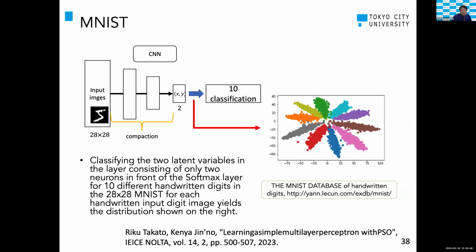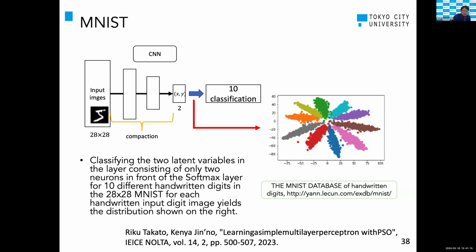Input data of 10 types of handwritten digits from the 28 by 28 MNIST dataset were compressed while extracting features using a CNN, and the final classifier was trained to perform class classification using two-dimensional latent variables.